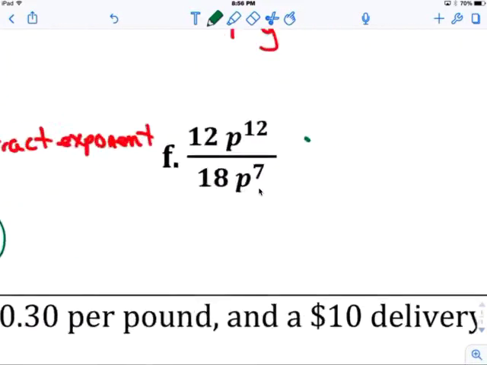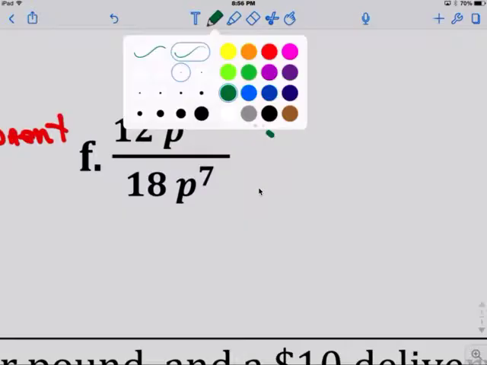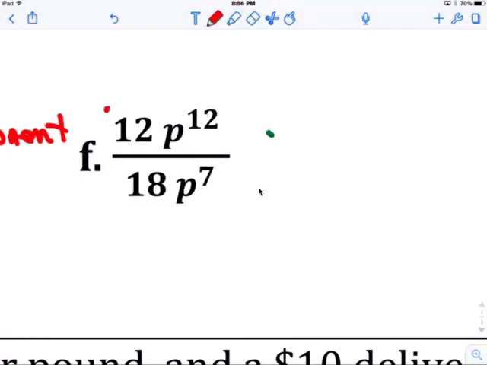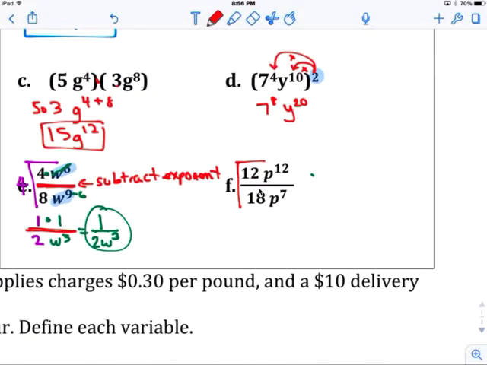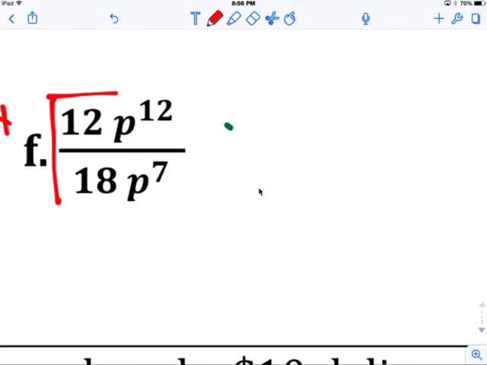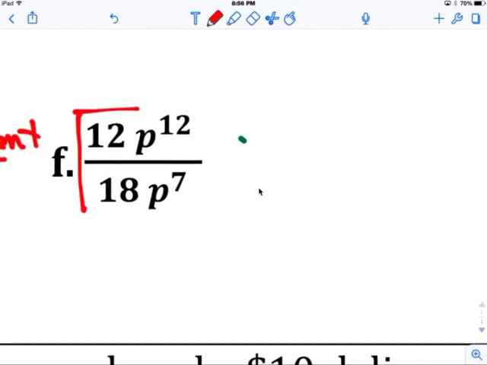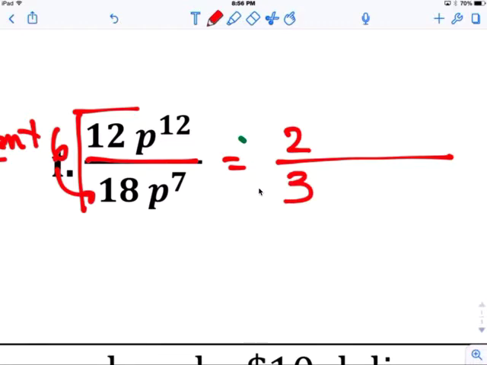So same thing here. Let's reduce. It's division. Remember, you're going to subtract the exponents if the bases are the same. Divide both of them by 6. 6 into 12 is 2. 6 into 18 is 3. Now here, the smaller one is this one. Let's cross that out or pretend it's gone.